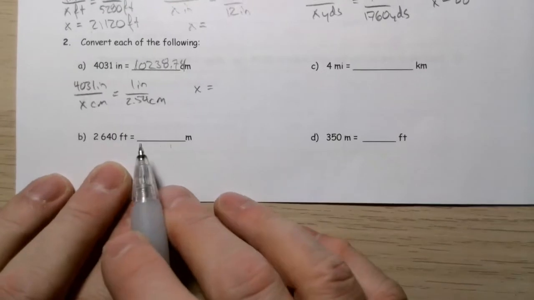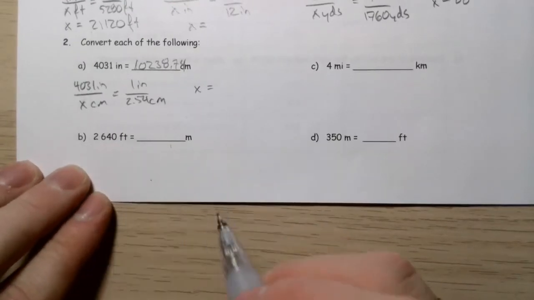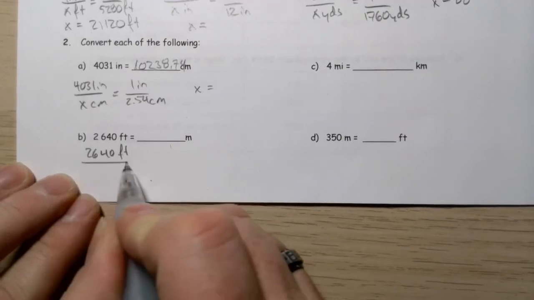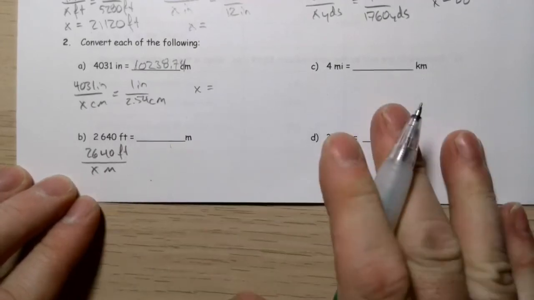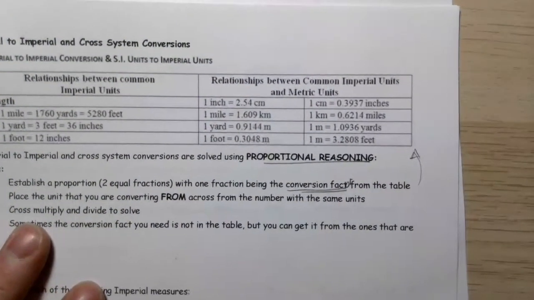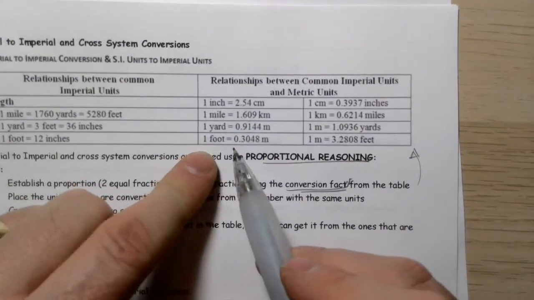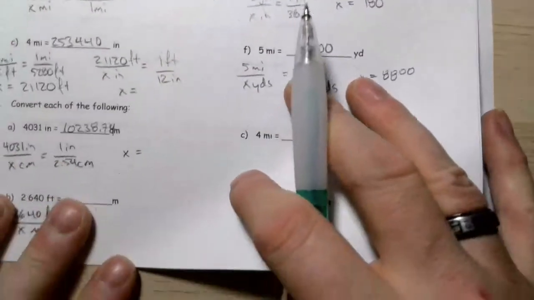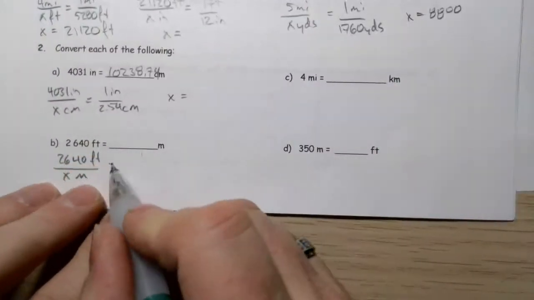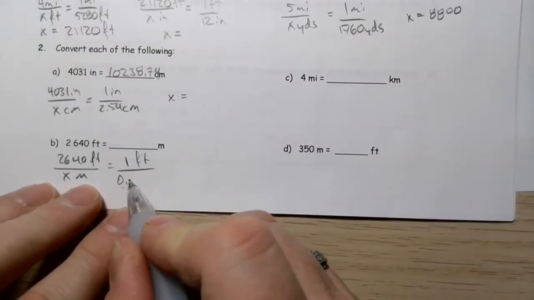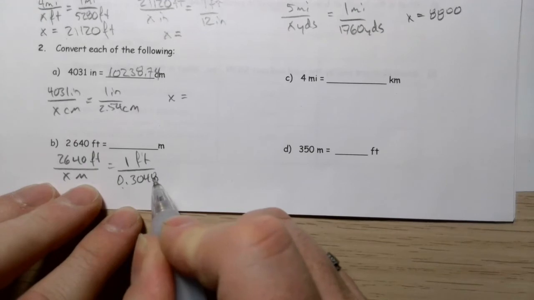Now down here, 2,640 feet. Okay, 2,640 feet over x meters. Now I'm hoping that I have a nice conversion between feet and meters. And I go back up here and take a look at, yeah, I do. 1 foot is 0.3048 meters. So that's good. So 1 foot over 0.3048 meters.